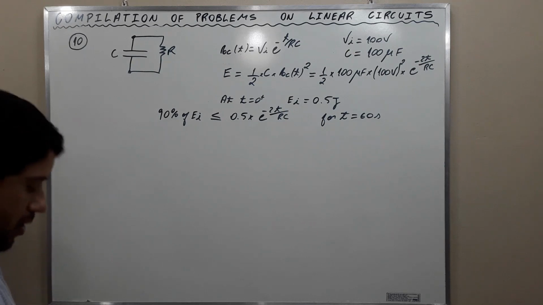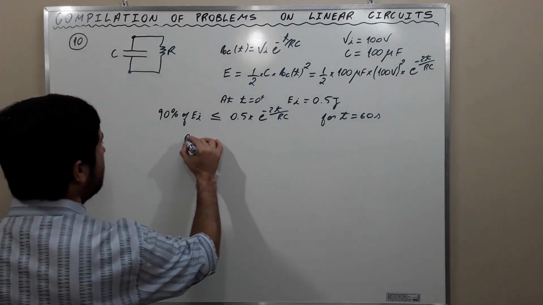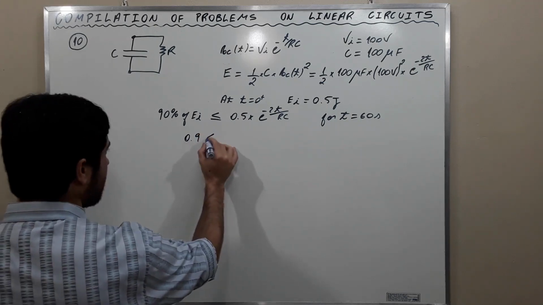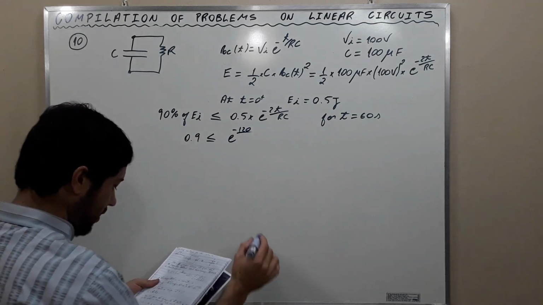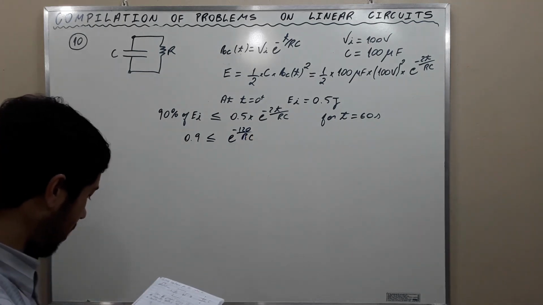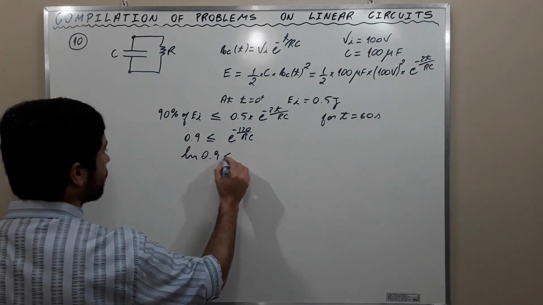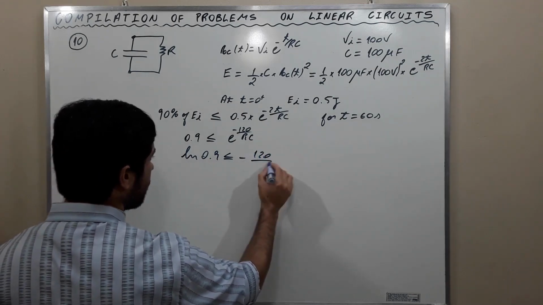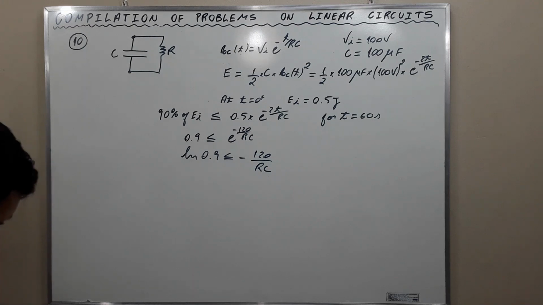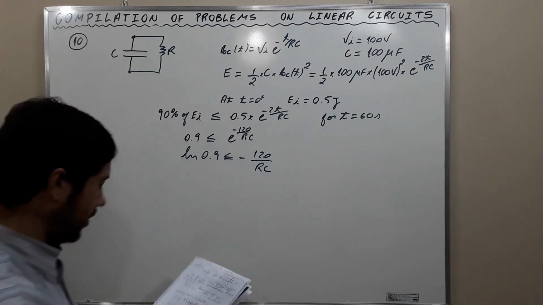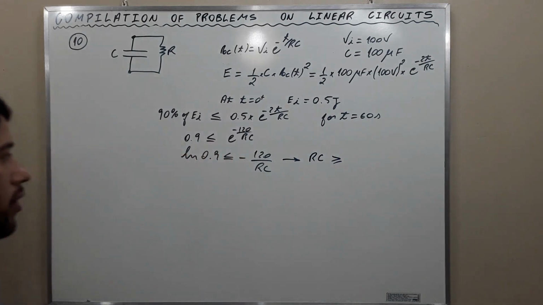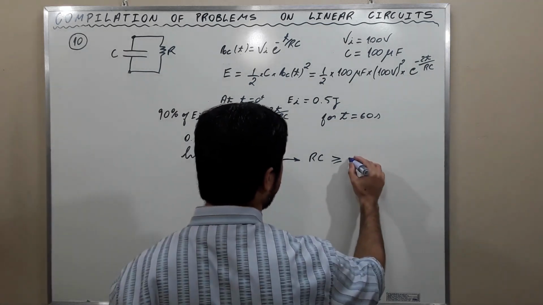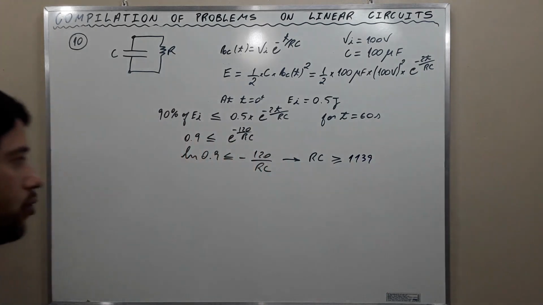And 1 minute is 60 seconds. 0.9 is less than or equal to e to negative 2t divided by RC, and applying the logarithm, from this we get that RC, this product, the resistance times the capacitance, has to be greater than or equal to 1139.